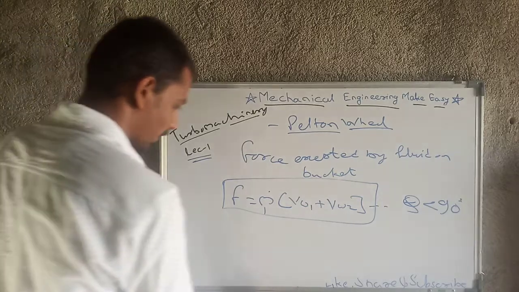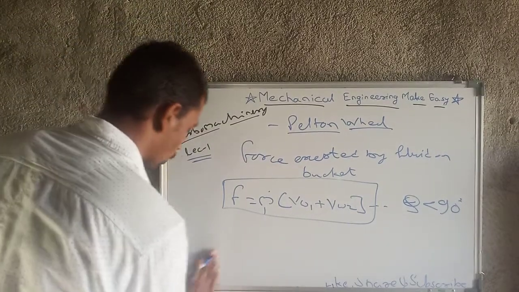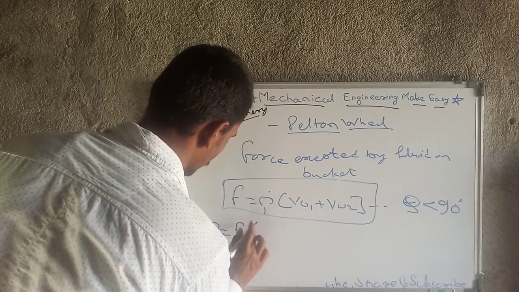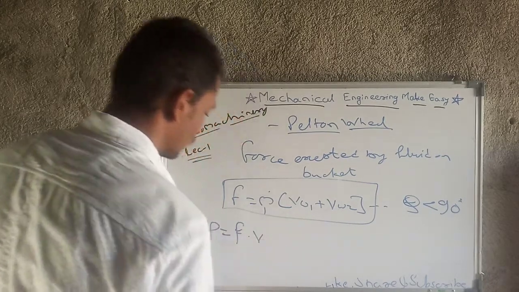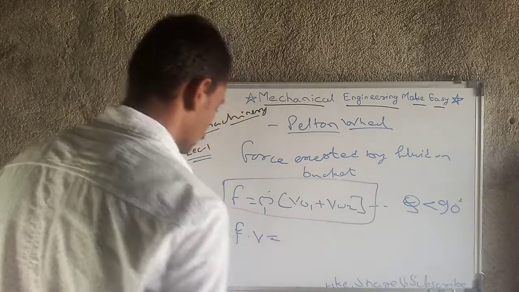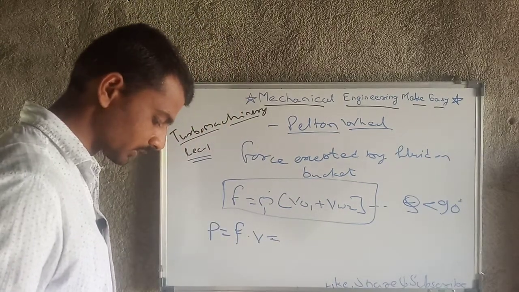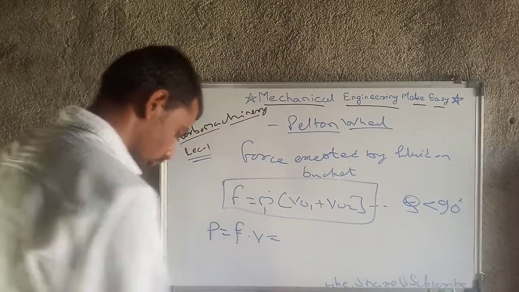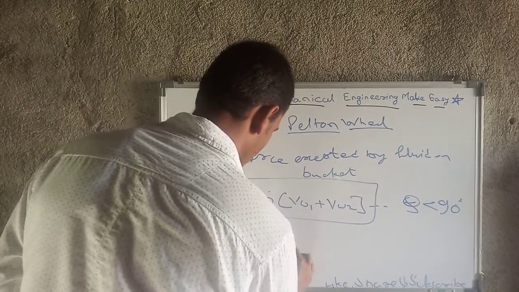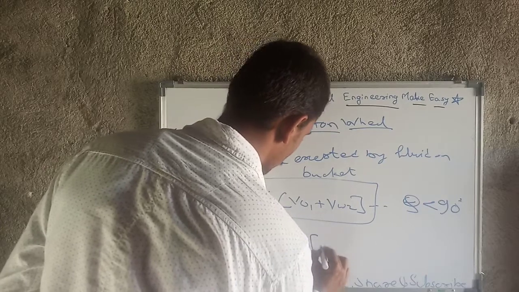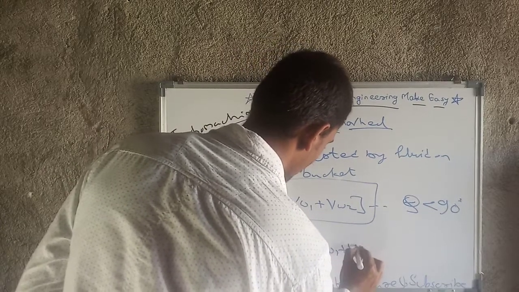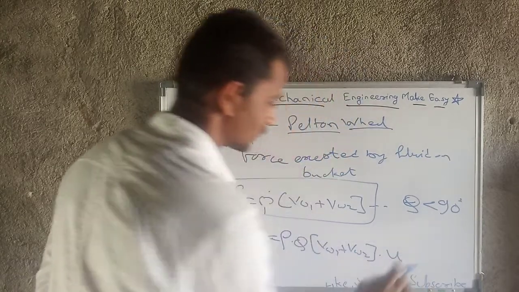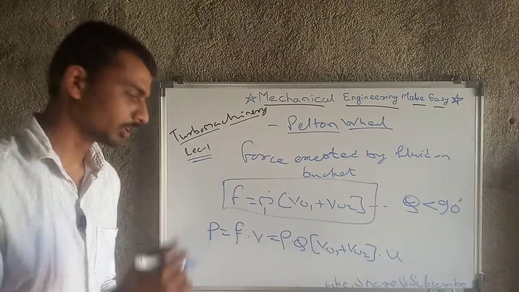Then power developed by the wheel. What happens for power? Power is nothing but F into V, and the velocity is U. So power becomes rho Q (Vw1 plus Vw2) into U, where U is the velocity of the bucket.